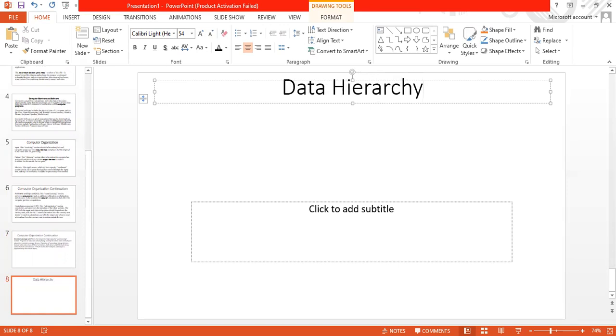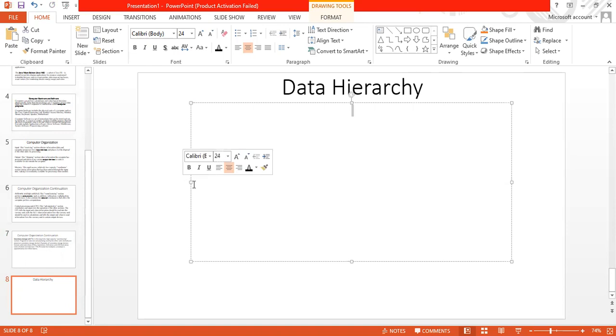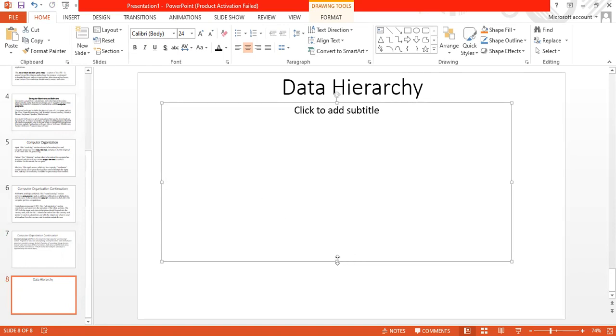So, hierarchy. We've talked about data, which is the same thing as our information earlier on. Data is the same thing as information. So also we have a hierarchy of this information.